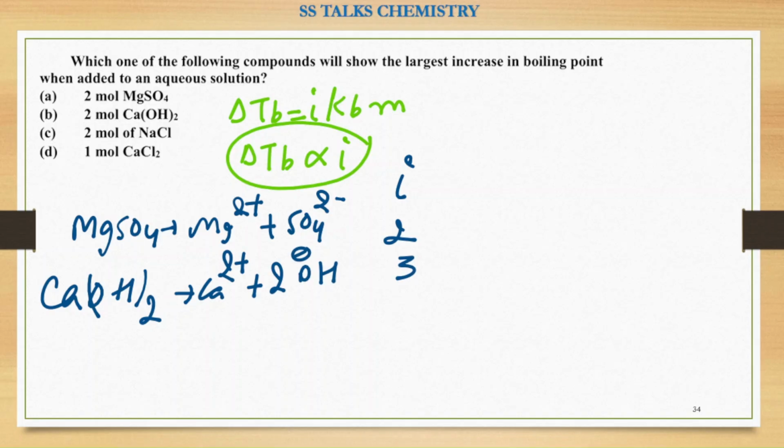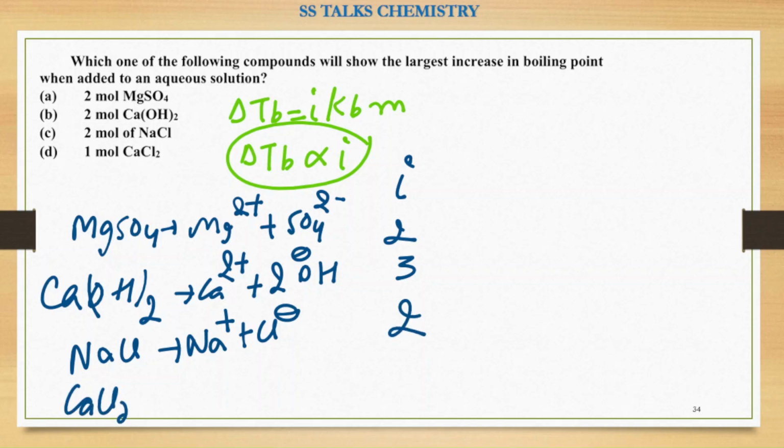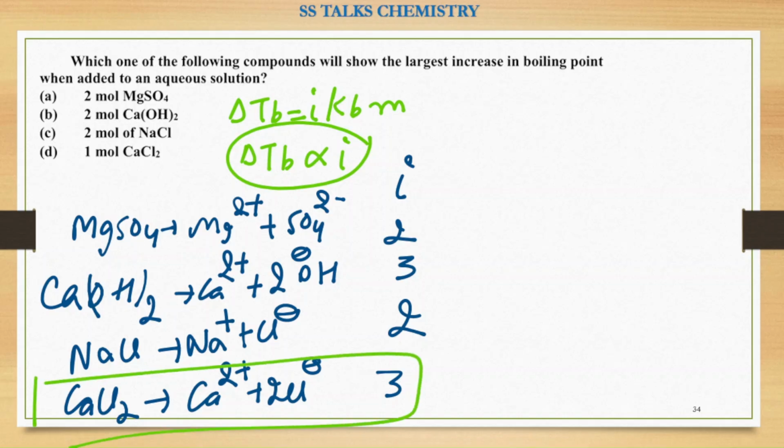Next, for sodium chloride, it will be sodium positive plus Cl negative. So the i value will be 2. For calcium chloride, it is going to be calcium 2 positive plus 2 Cl negative. So total 3. One thing you can see is that for both calcium hydroxide and calcium chloride, we are getting the i value as 3, right?